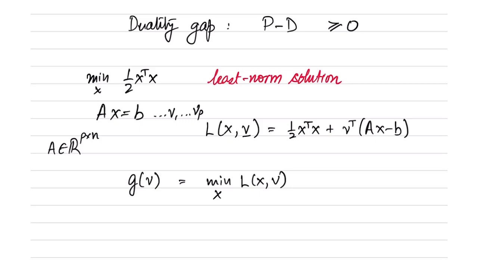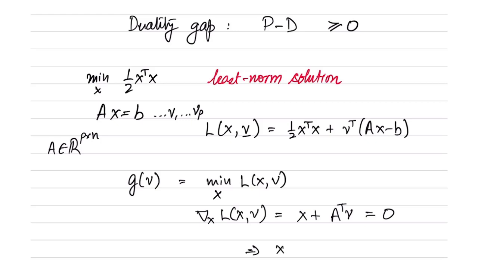So oftentimes you will see that this problem can be solved in closed form. In this case, the Lagrangian is a quadratic function, so we can just differentiate L with respect to x, and we will obtain x plus A transpose nu. Setting this equal to 0 gives the x that minimizes L of x comma nu.